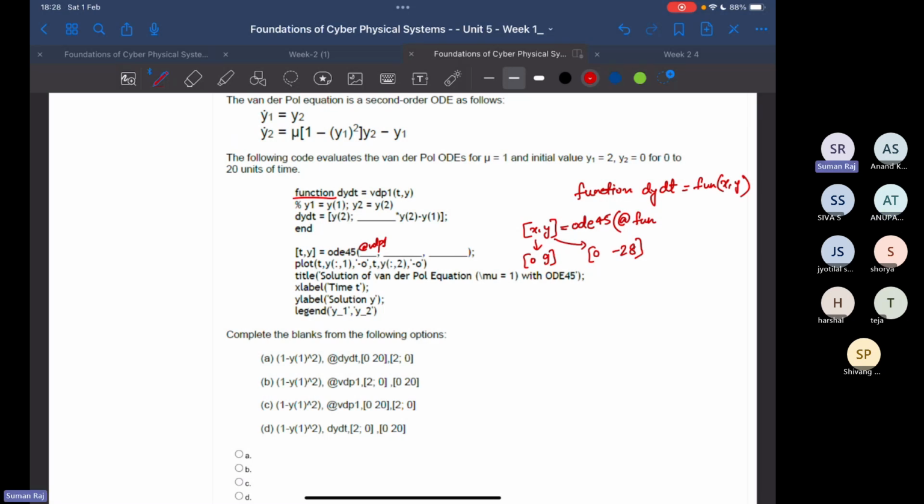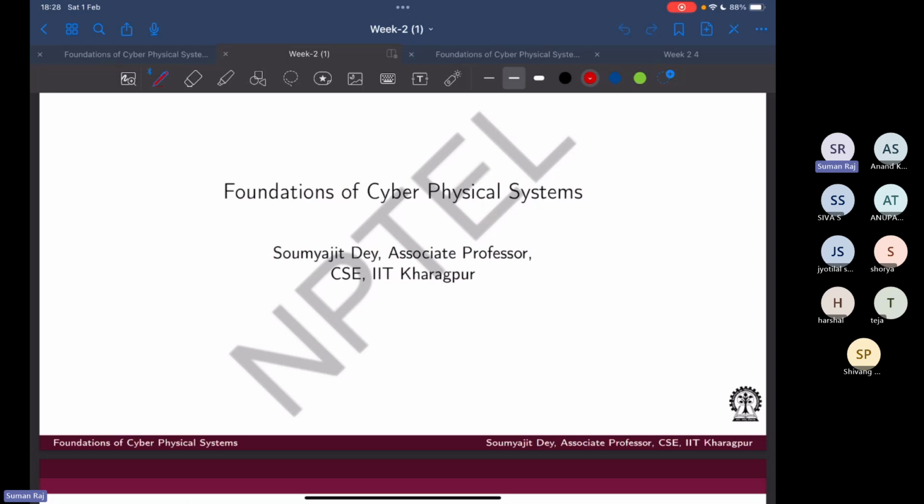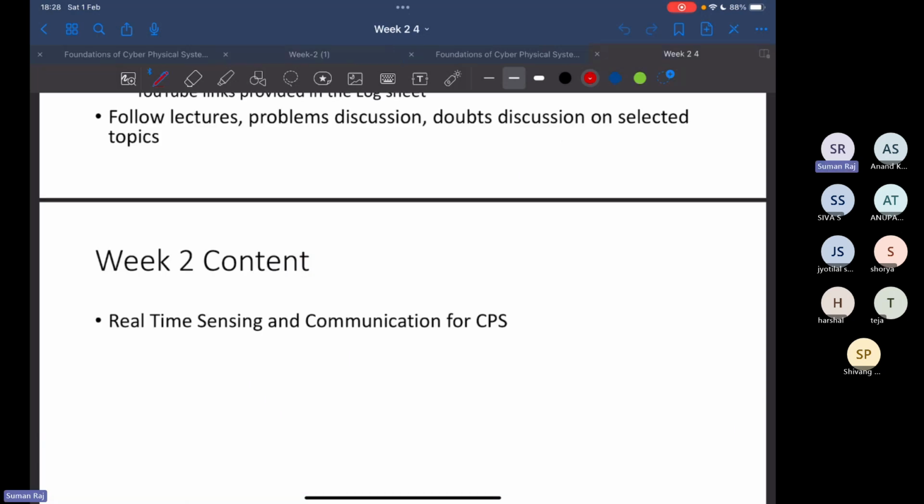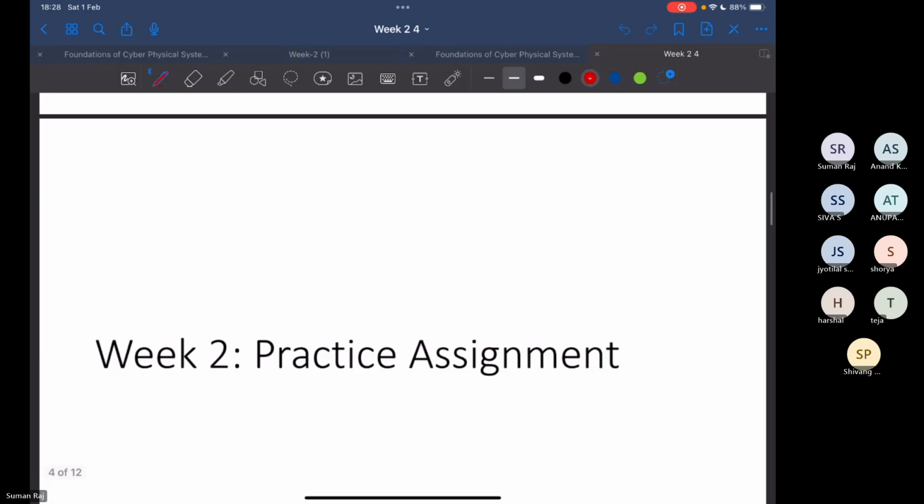No, no, this is week one only. But before going through the week two assignment, I wanted to solve some sample questions, and then we can go to the week two assignment that you have right now, so that while solving the sample questions itself, you will get help for some of the questions that you have right now.